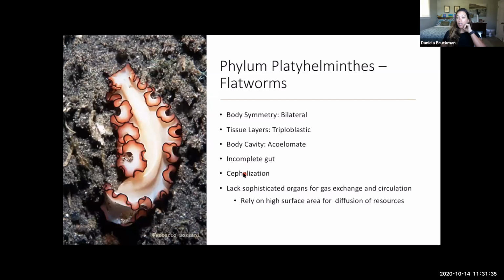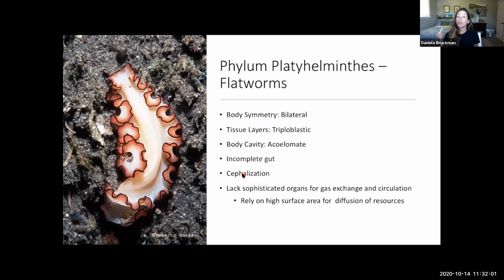Obviously, they have cephalization because they're bilaterally symmetrical animals, but think about these guys as being some of the most ancient lineages of the bilaterally symmetrical animals. Evolutionary scientists believe perhaps cephalization is a trait that may have originated in one of these early lineages like the flatworms.